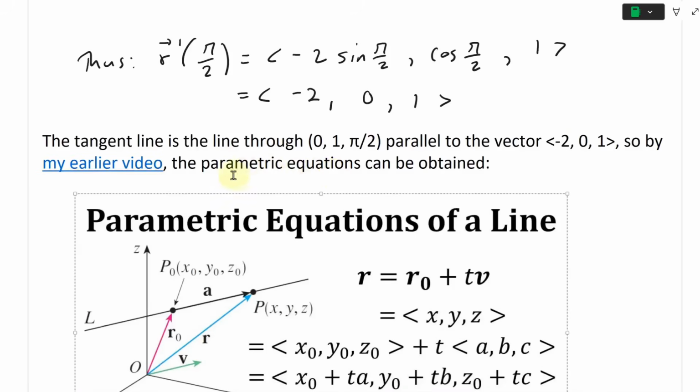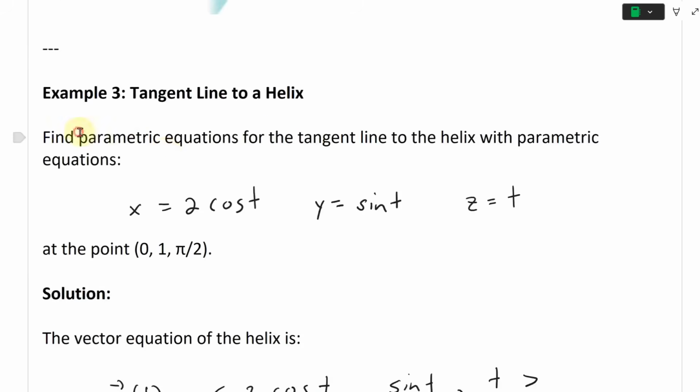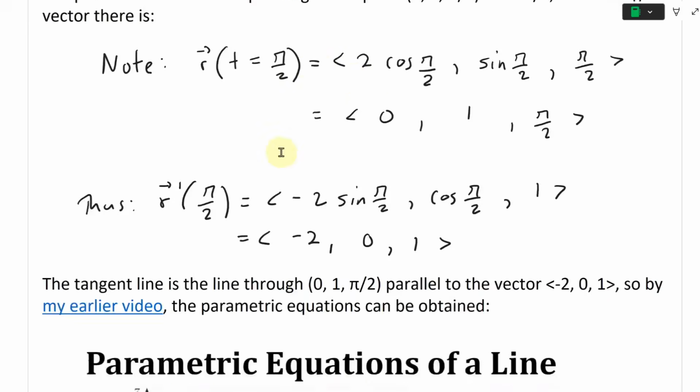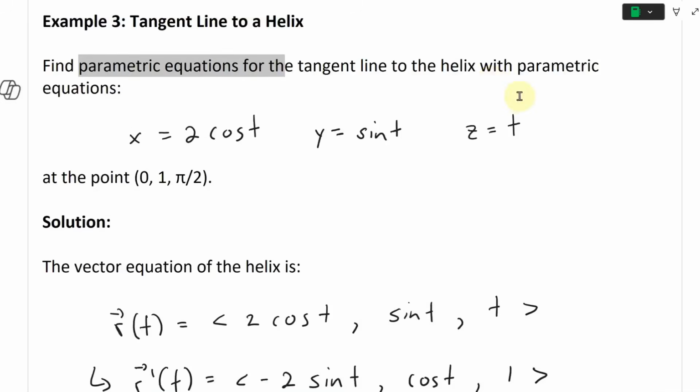All right, so going further, the tangent line is the line through the point (0, 1, pi over 2) and parallel to the vector (negative 2, 0, 1). And again, we're asked to find the parametric equations of the tangent line at this point of this helix.